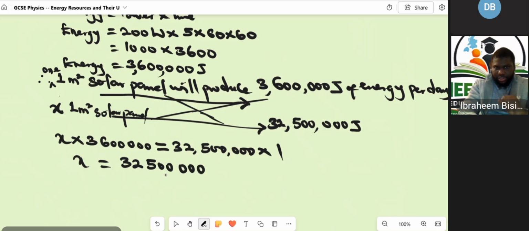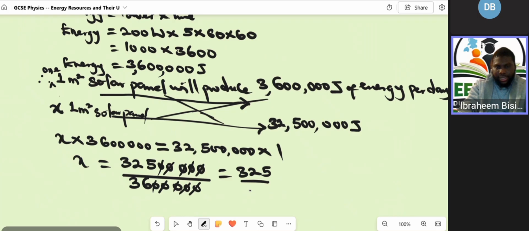So X will then be 32,500,000 divided by 3,600,000. Let's do the division. All of these zeros can cancel out, so you have 325 divided by 36.